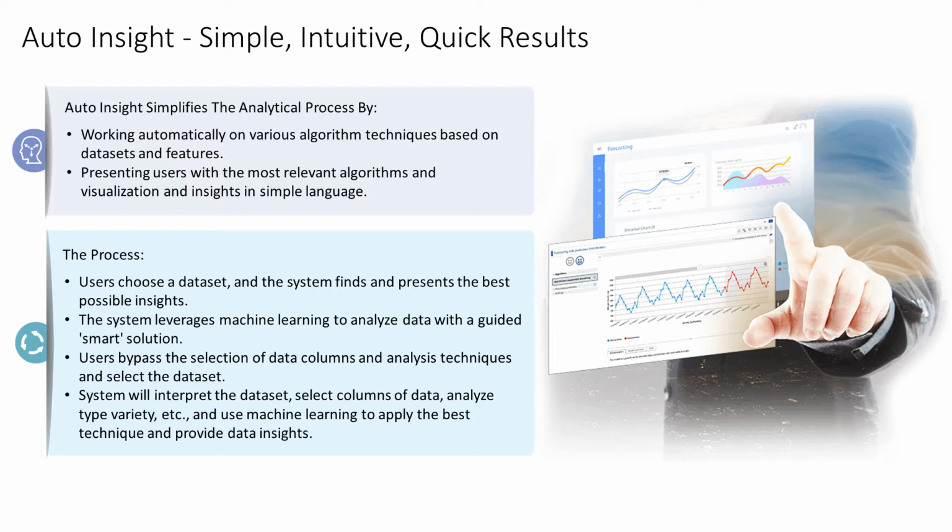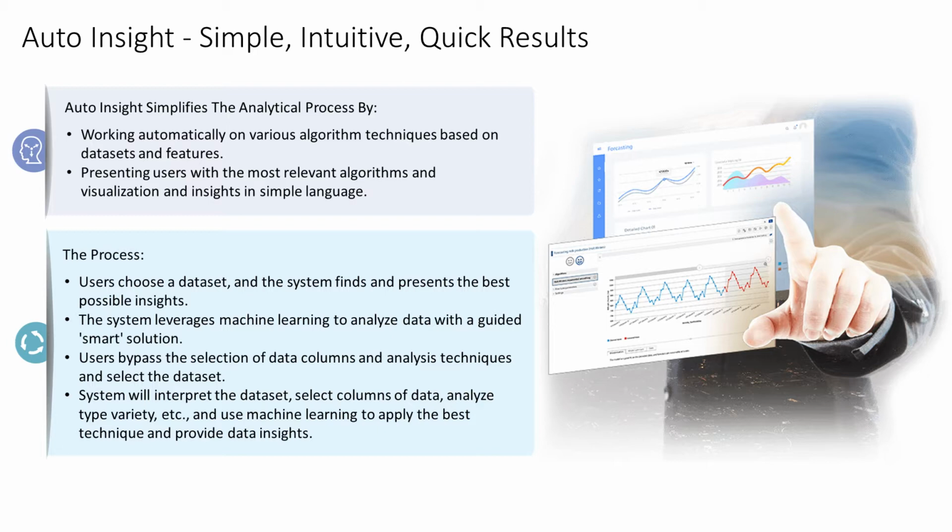This process utilizes predictive modeling techniques to reduce the time and skills required to produce accurate, clear results quickly and dependably, and it leverages machine learning to collect and analyze data with the guided assistance of a smart solution. Auto-insight lets the citizen data scientist bypass the selection of data columns and analysis techniques such as classification or clustering.